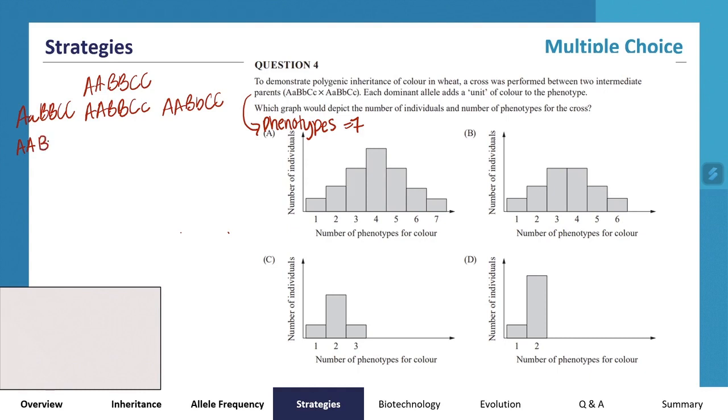So you can get AA, BB, CC with lowercase b and c, A lowercase a, B lowercase b, capital C, and then A lowercase a, B lowercase b, capital B, C lowercase c.